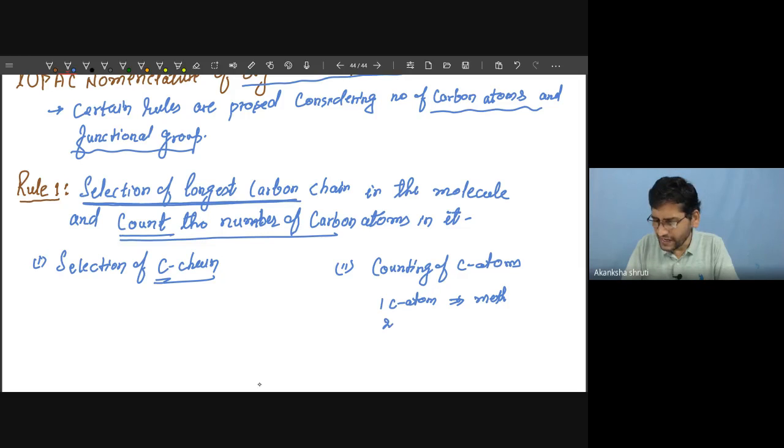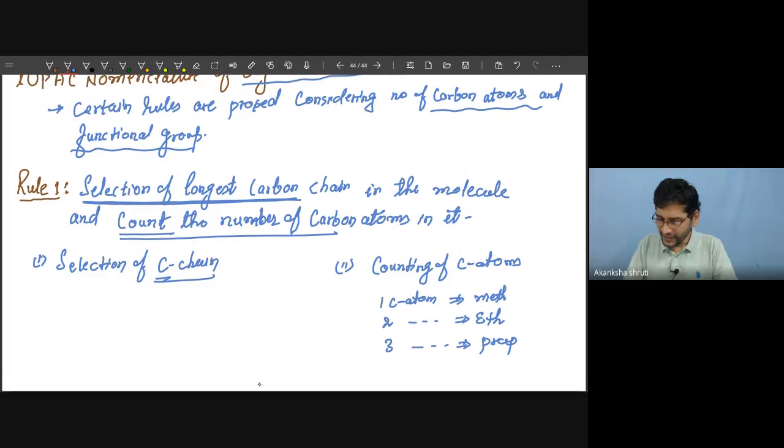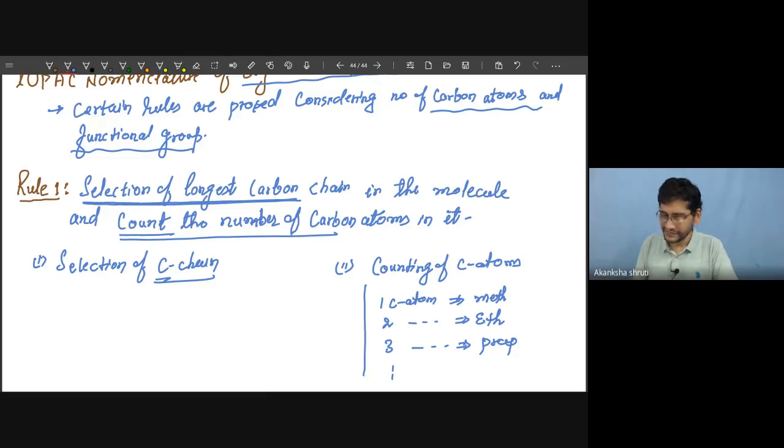If 2 carbon atoms are there, then eth. If 3 carbon atoms are there, then prop. This way, up to 10 we will learn. Going on. So how is this counting? This thing we will understand.